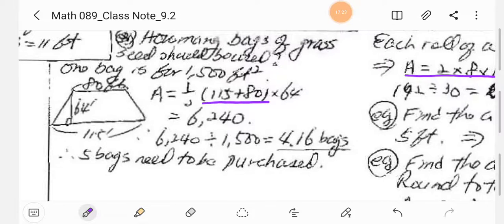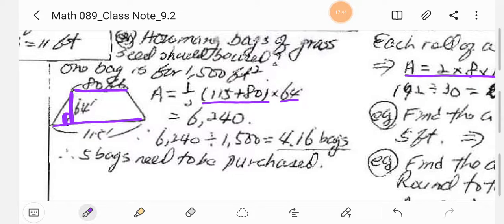So this is the base. So multiply the base and the height, 64, right? So add up these two bases, then multiply the height, divide by 2. So this is the area of this trapezoid.